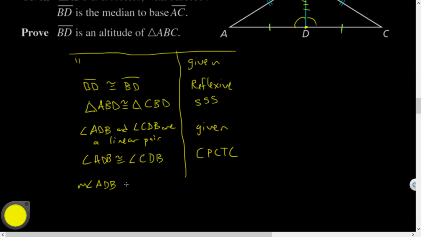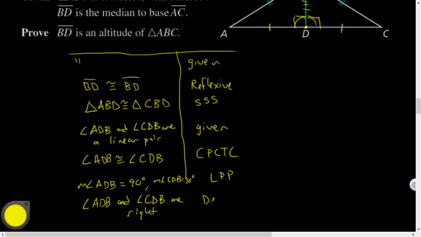So measure angle ADB is 90 degrees, by linear pair postulate and some substitution. And if those are 90 degrees, then those are right angles. Angle ADB and angle CDB are right angles by definition of right angles.